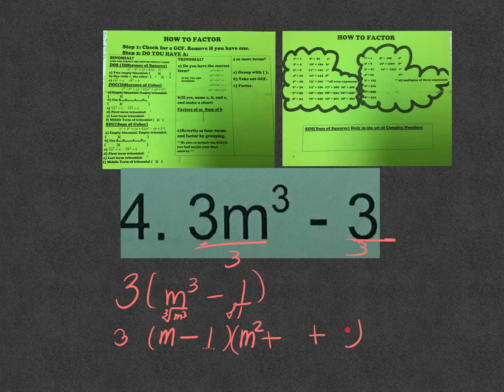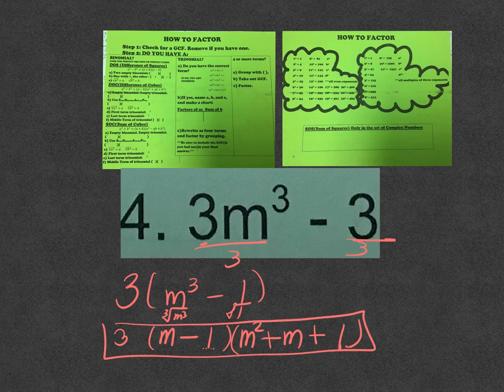To find what goes in the middle of your trinomial, you multiply these two, ignoring this sign. M times 1 is just m. And that's the answer to number 4 under sum and difference of cubes.